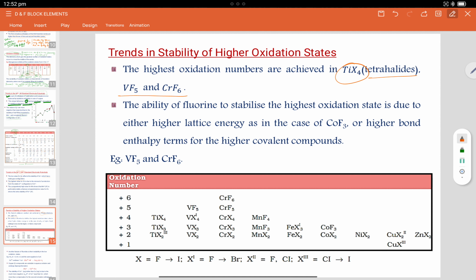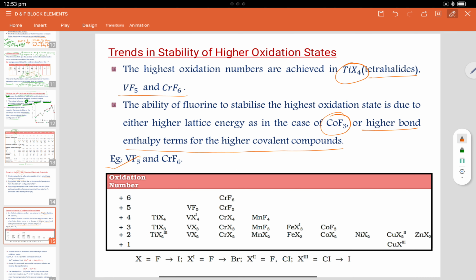The ability of fluorine to stabilize the highest oxidation state is due to either higher lattice energy, as in the case of CoF3, or higher bond enthalpy terms for higher covalent compounds. Example: V2O5, VF5 and CrF6.